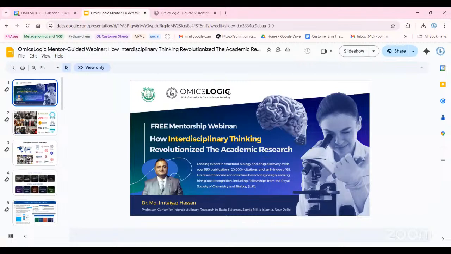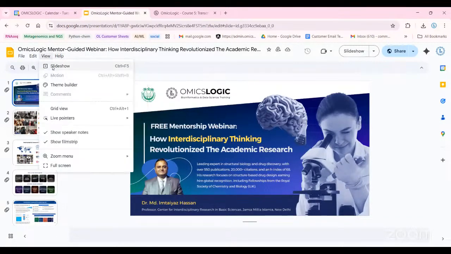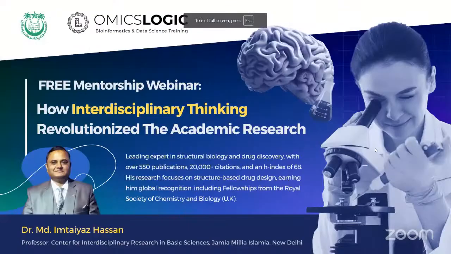But as for the highlight of today, we are joined by Dr. Imtaiyaz Hassan, who is an eminent figure in the area of structural biology and drug discovery, currently holding the position of professor at the Center for Interdisciplinary Research in Basic Sciences from Jamia Millia Islamia, New Delhi. With a scholarly journey spanning over 1.5 decades, Professor Hassan is a focused researcher with a broad spectrum of academic interest in the area of drug designing and discovery.